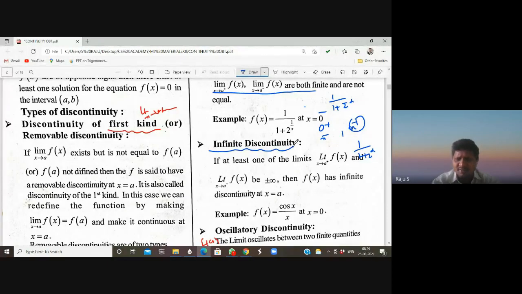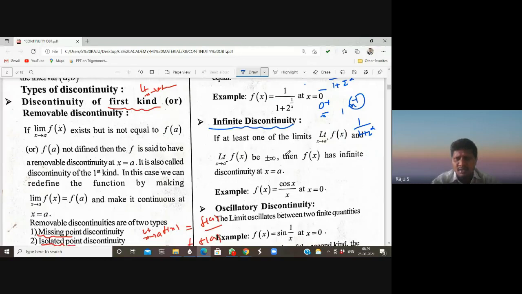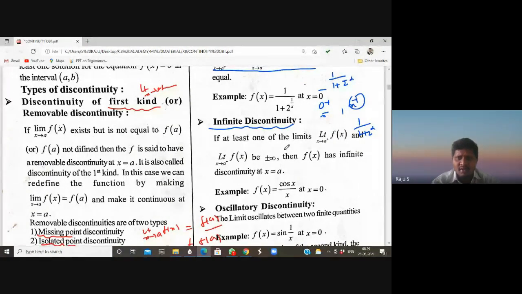Then the second one is infinite. If any one of the limits, either left hand limit or right hand limit, has an infinite value, it is called infinite discontinuity. See here, you can take the left hand limit or right hand limit at 0.